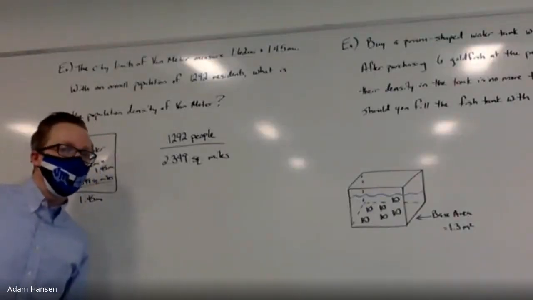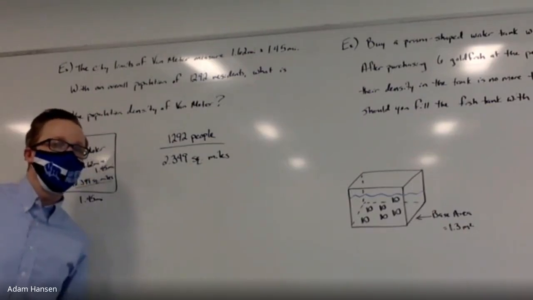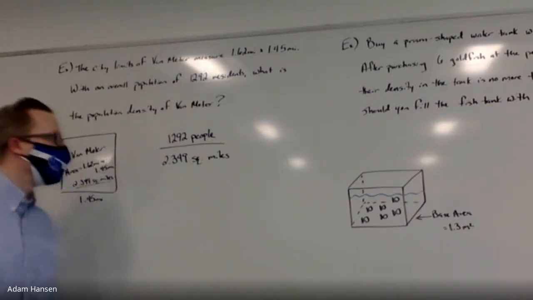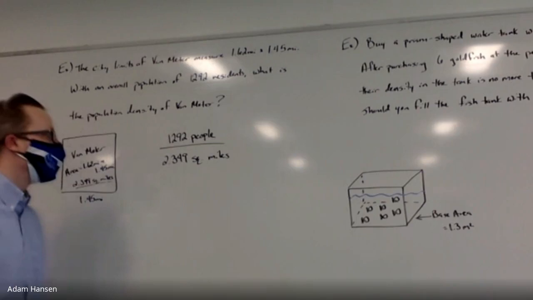550 or 525? I didn't quite catch that right. 550. So the population density here in Van Meter is 550 what? What do you think the label is going to be, Trusty?